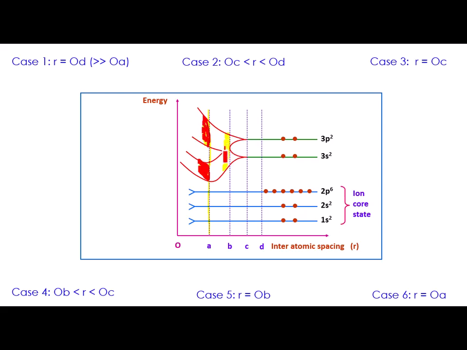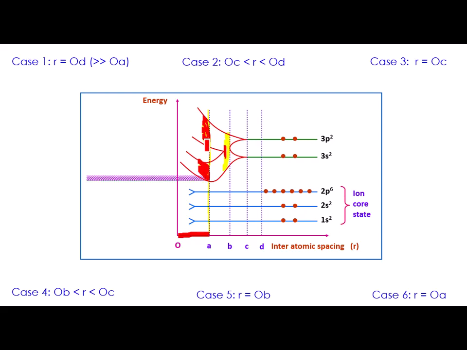This will happen after this point of separation. So, at an equilibrium separation of OA, you will see that these merged 8n energy levels again have been separated, with 4n energy levels going down, which are completely filled, and 4n energy levels going up, which are completely empty, at equilibrium separation.